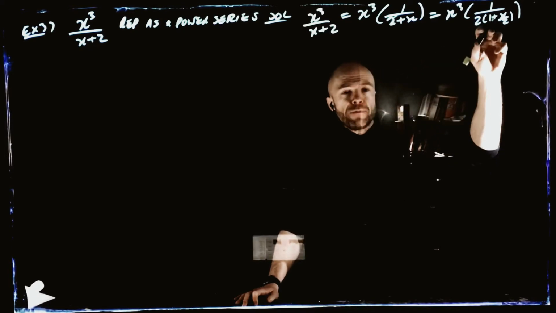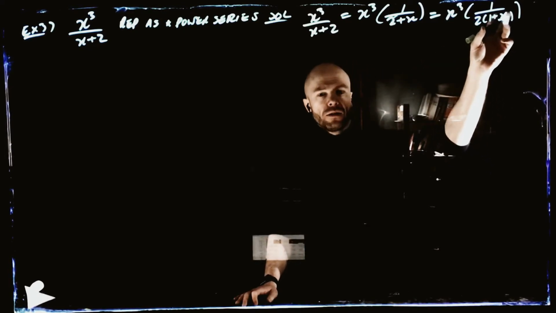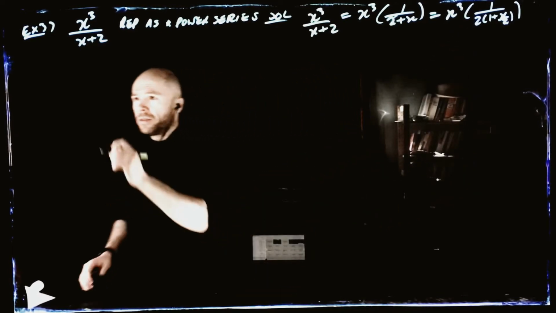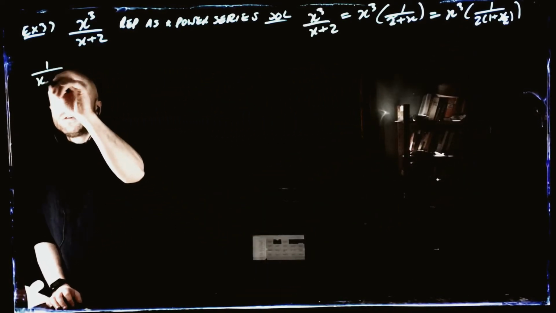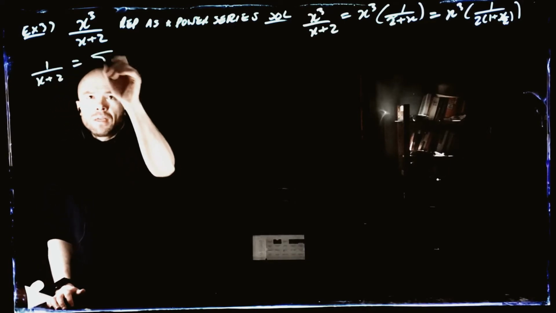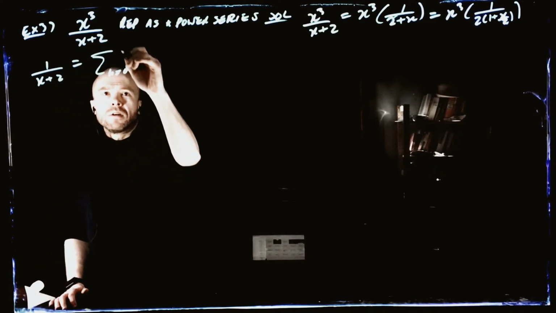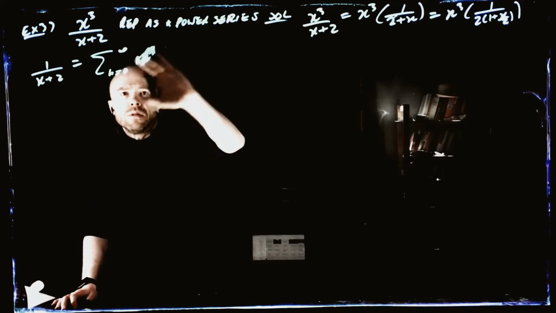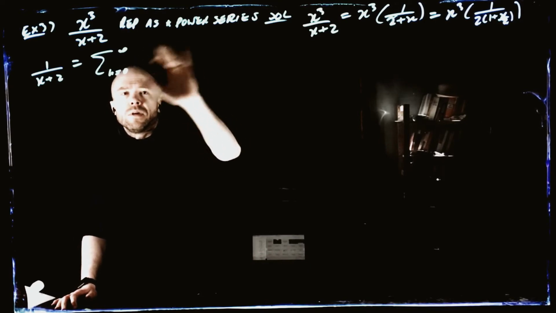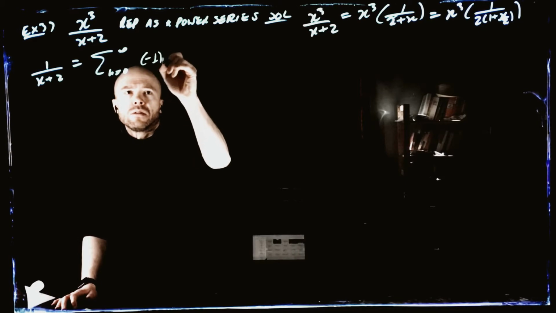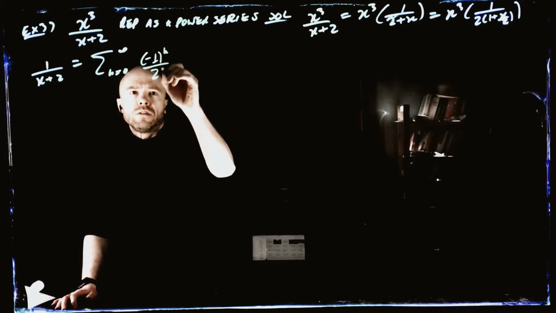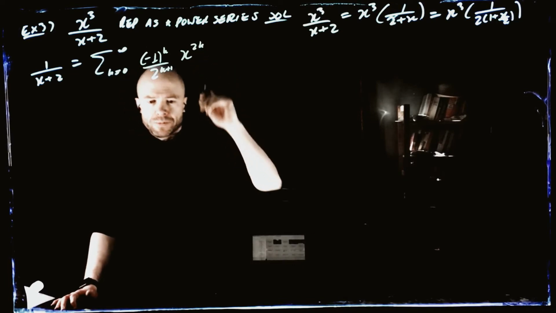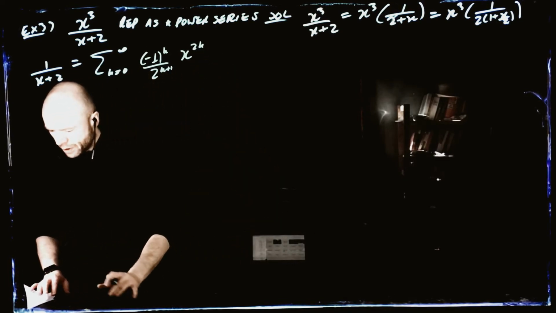We could do the same thing again because this thing we can put into this form of a power series, but we actually already know what the thing is, right? We actually know that this thing is the sum k equals 0 to infinity of minus 1 to the k over 2 to the k plus 1, x to the 2k. This is what we already learned, right?